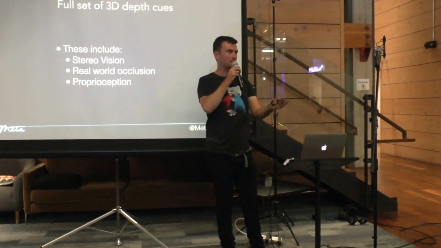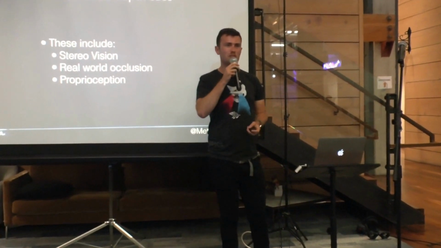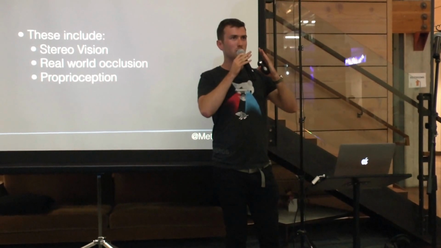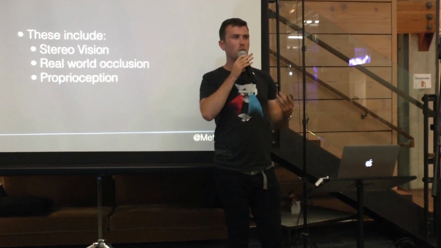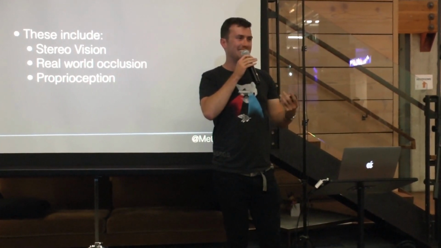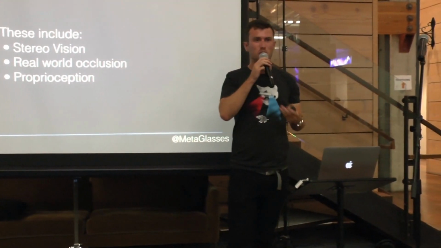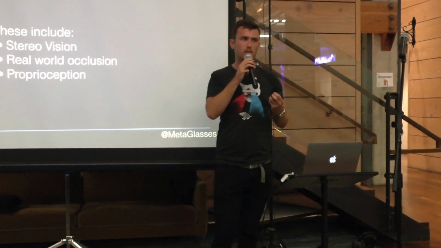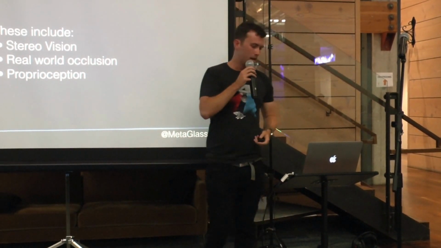So to go back to my little crowd interaction, the ability to touch your hands together while your eyes are closed, you're not using vision, you're using just your body's sense of self to perceive depth.